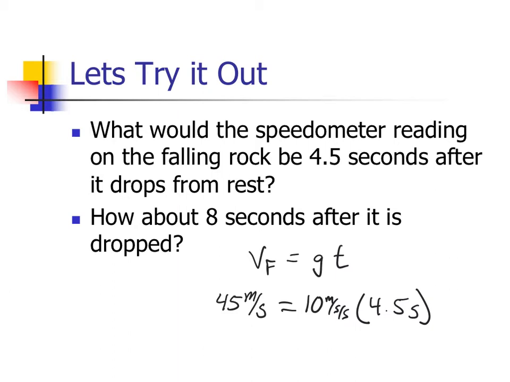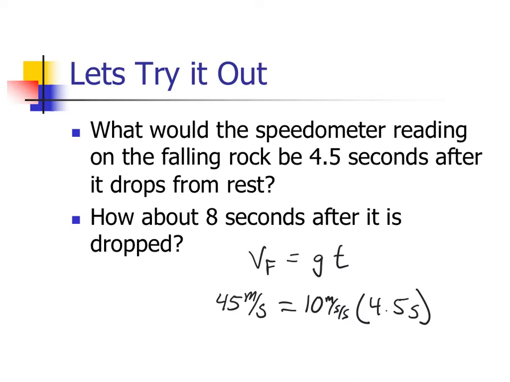Well, what about after 8 seconds? Now, some people would look at it and say, well, it should be slower. No, it's only slower if it's going up. In some cases, it might actually be faster even if it was 8 seconds after it was launched, because if you have an object going up and then coming down, if it's going up at 4.5 but then coming down at 8, you have different things.